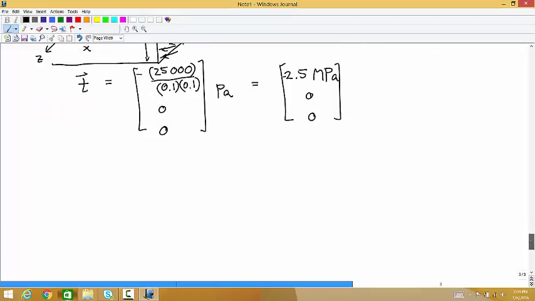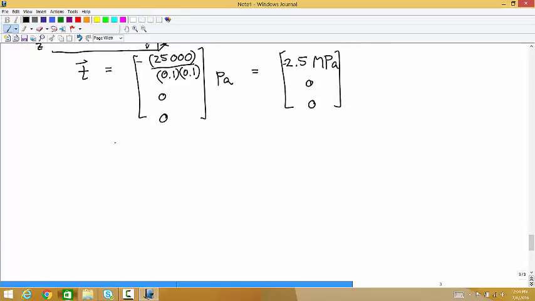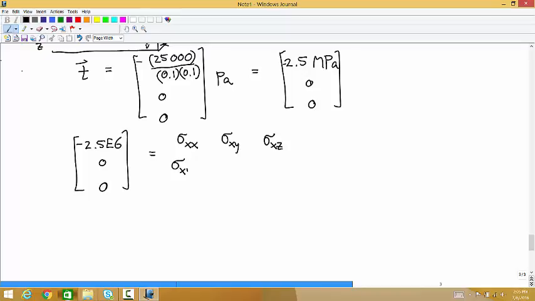Okay, and now we know that this traction, negative 2.5 times 10 to the 6th pascals, 0, 0, has to be equal to the stress tensor times the outward facing normal.